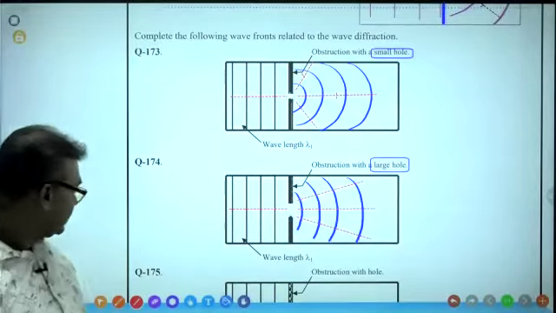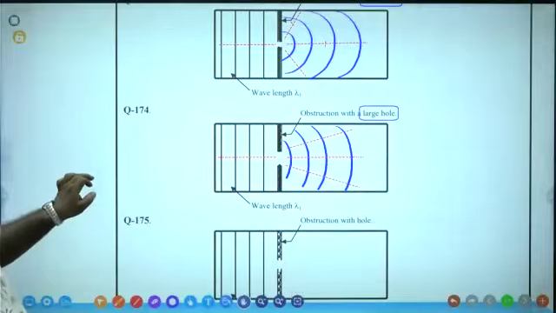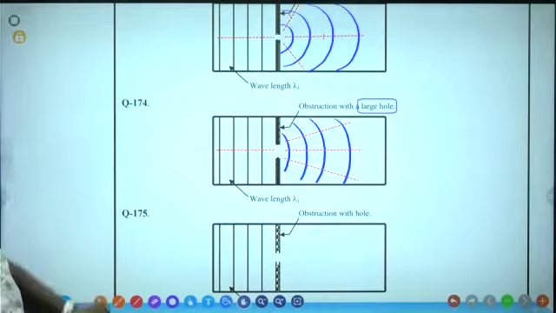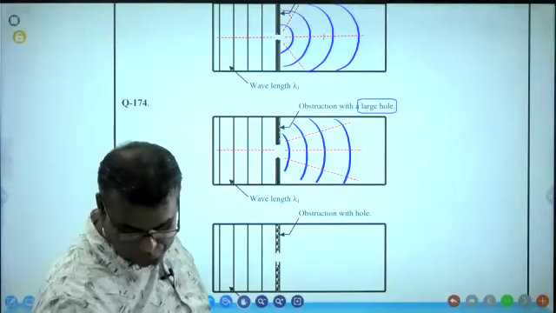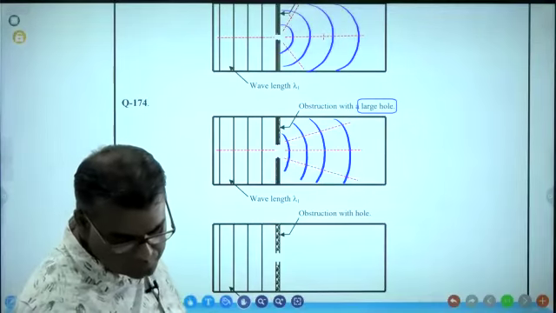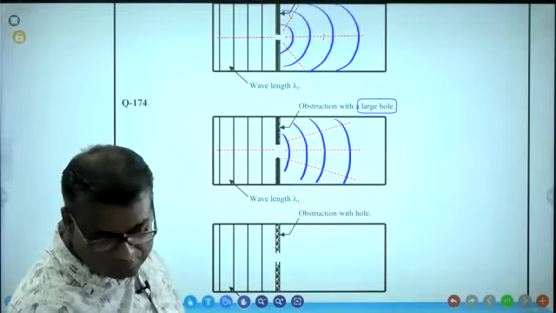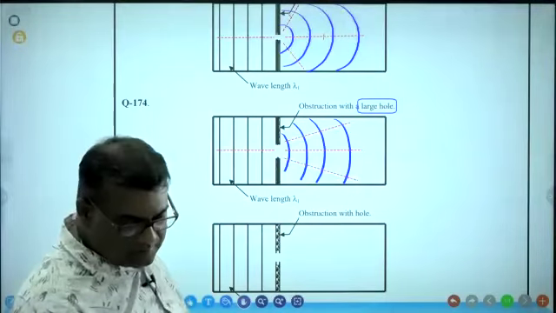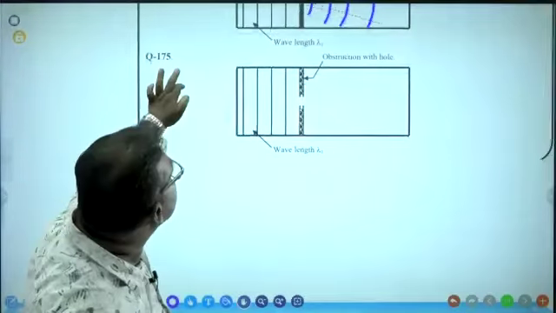Third diagram, 175. Can we complete now? Okay, 175, 176. Related with the same function, no? Can we see both together?